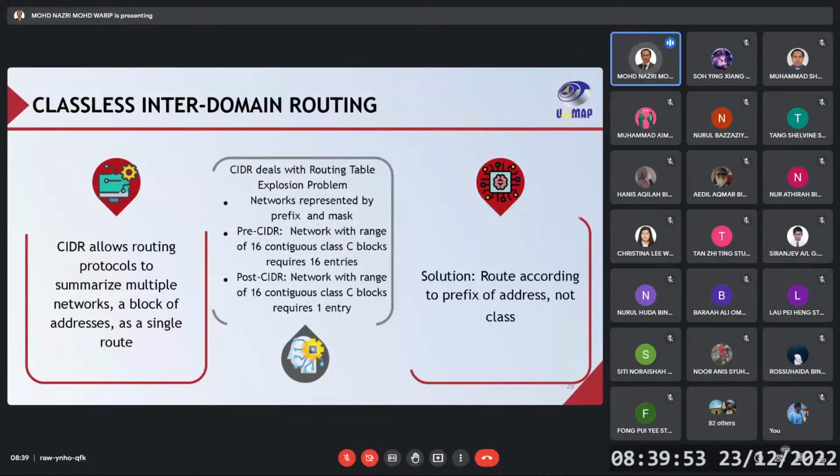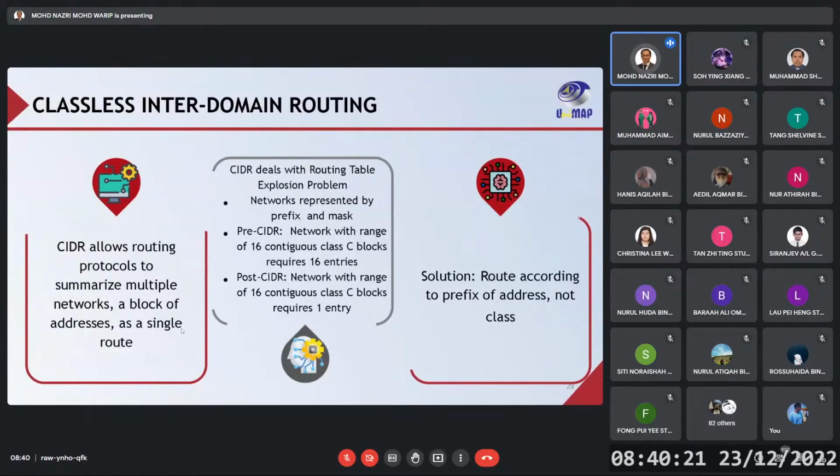So what does CIDR actually allow? This is classless interdomain routing, CIDR. CIDR allows routing protocols to summarize multiple networks. That means if you have maybe 100 networks or maybe 10 networks, CIDR does a summarization for multiple networks, a block of addresses as a single route.